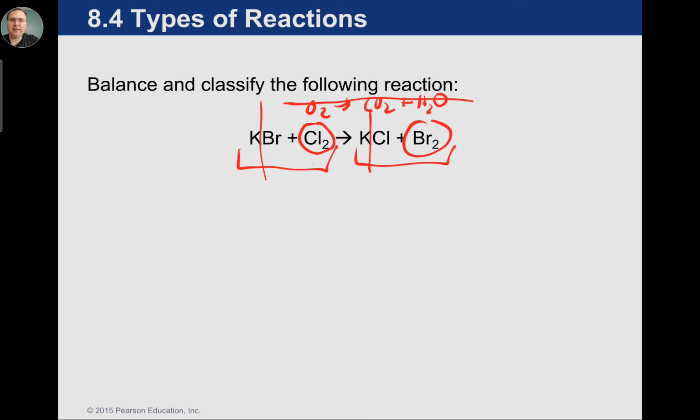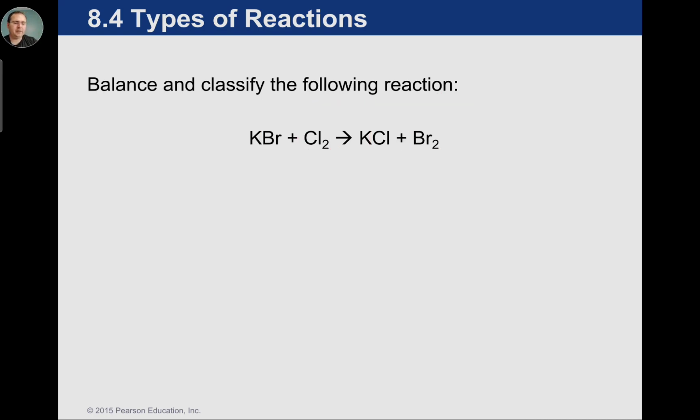So notice these guys are singles. Those are like the bachelorettes and the bachelors. They're by themselves before and after. That tells us single replacement because they had no partner before and had no partner after. We'd need another metal in this reaction to be double replacement. We'd have to change it completely to make it combustion. And we'd have to lose a product or lose a reactant to be combination or decomposition.